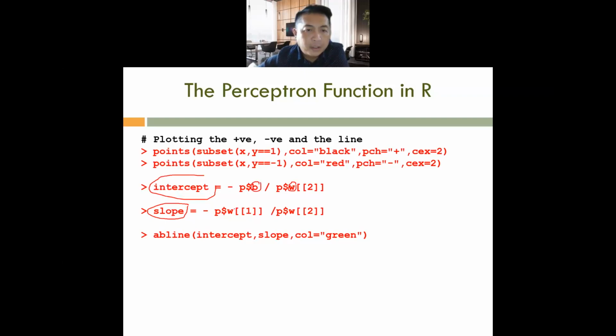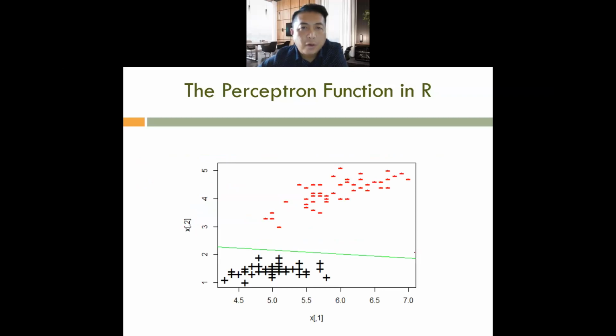The slope will depend on the first weight of your variable x1 and the second weight of the variable x2. So this is how you perform the perceptron classification. You'll be able to plot and draw the optimized line.